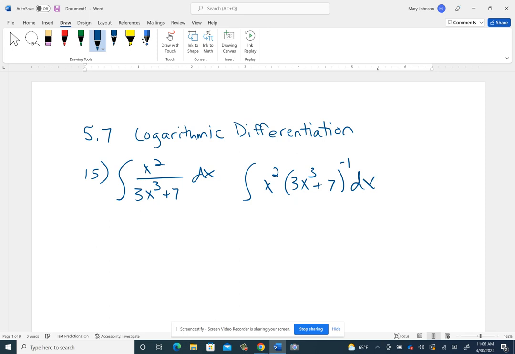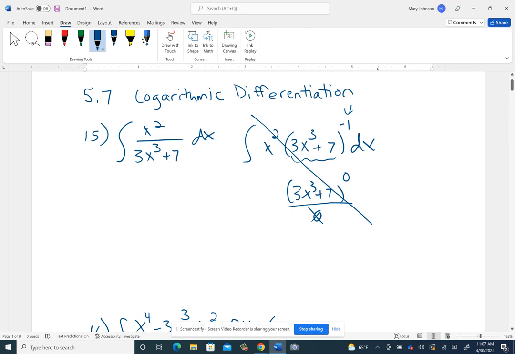Then you might think, okay, so I'm going to take that 3x to the third plus 7. I'm going to add 1 to this exponent here, but you would get a 0. And you know how the power rule says you should divide by that new exponent. So you'd have that division by 0 happening. So when that happens, that's the time when you really need to use logarithms.